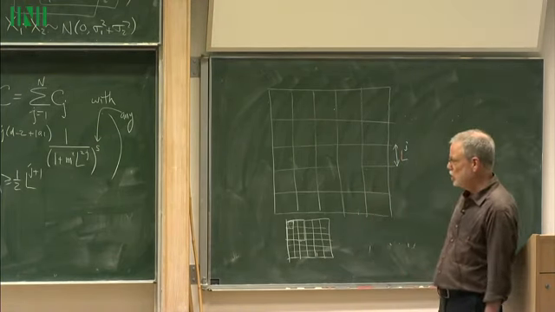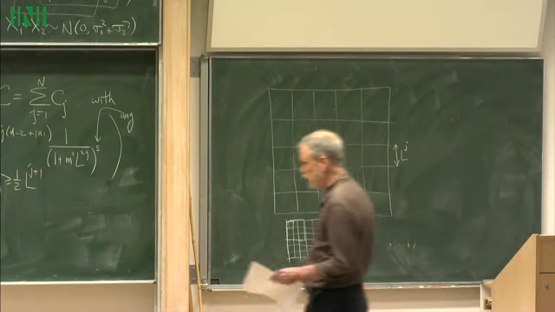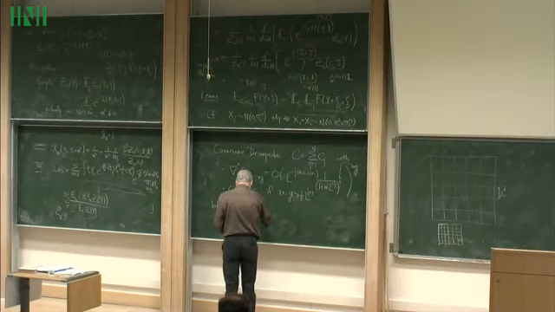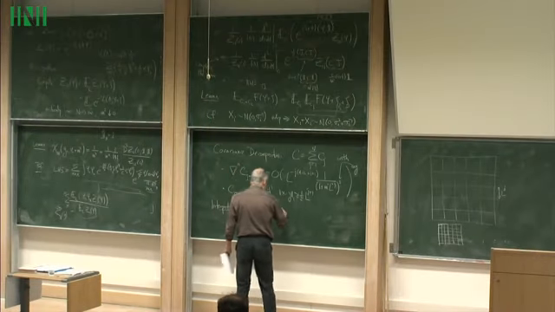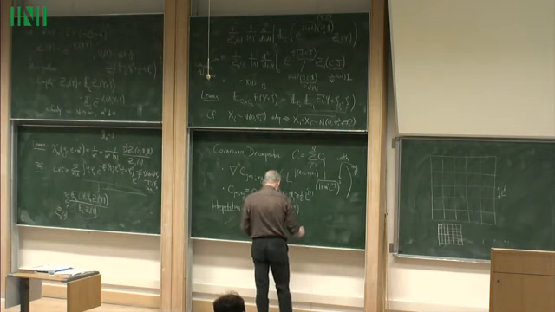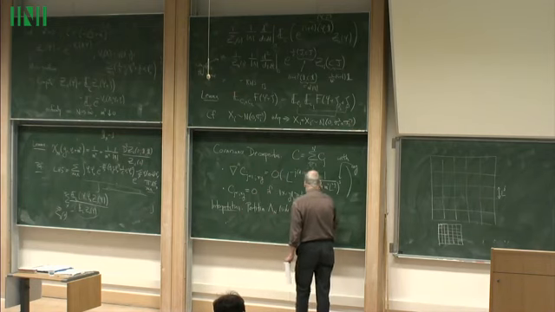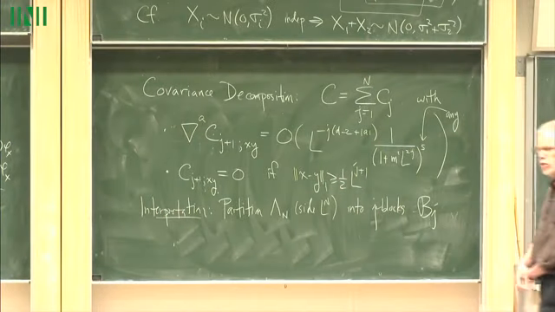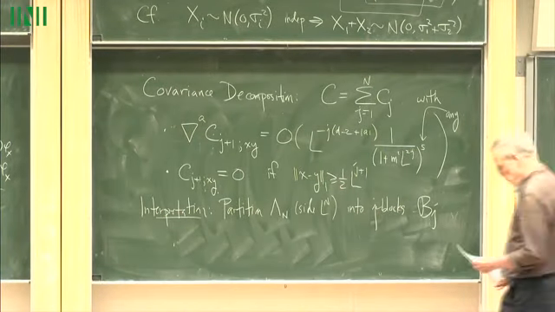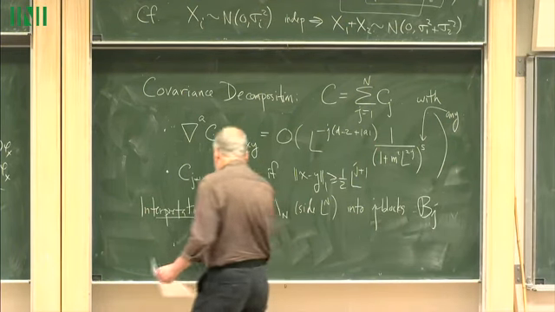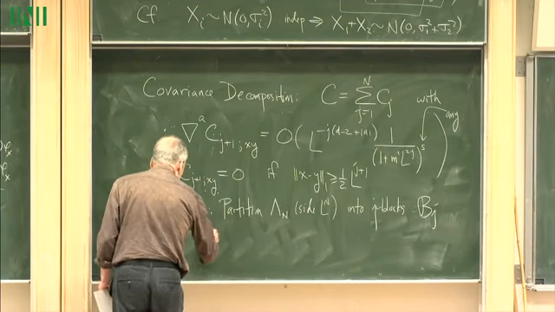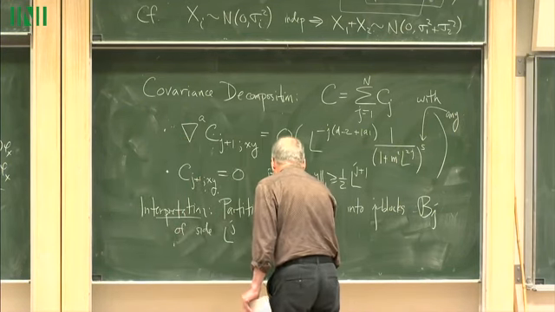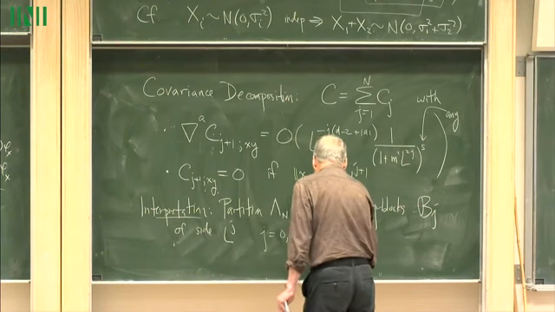So there are these nested blocks which are paving the torus, partitioning the torus. So we'll partition lambda n, which has side length L to the n, into j blocks. Script B_j is the set of all j blocks of side L to the j, and j is going to go from 0 up to n. So these are the scales.